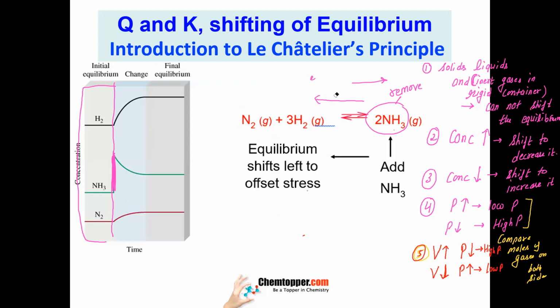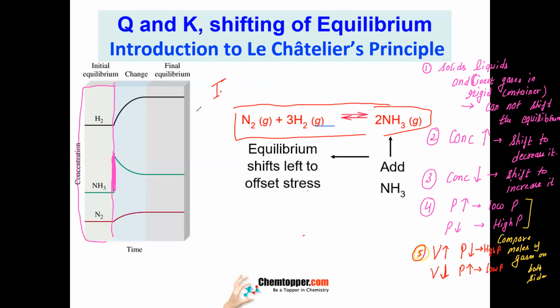What is the effect if you now look at this equilibrium? In which direction this equilibrium will shift? If I increase volume, volume is increasing. So as volume increases, pressure is decreasing.